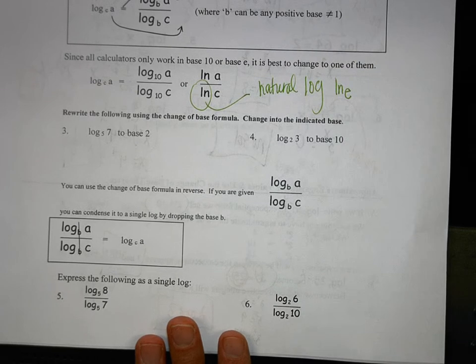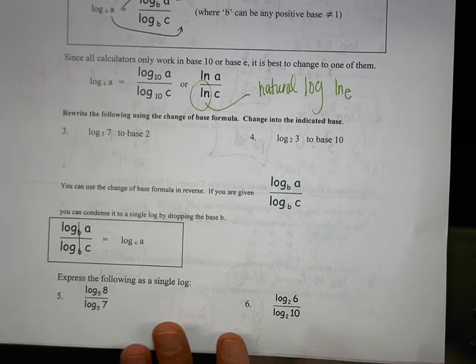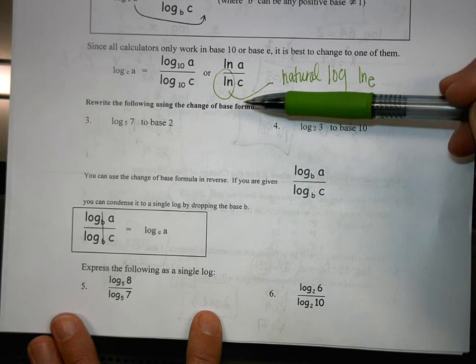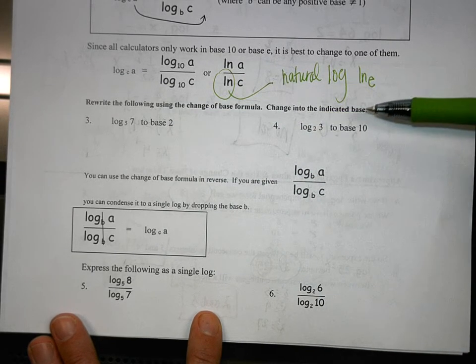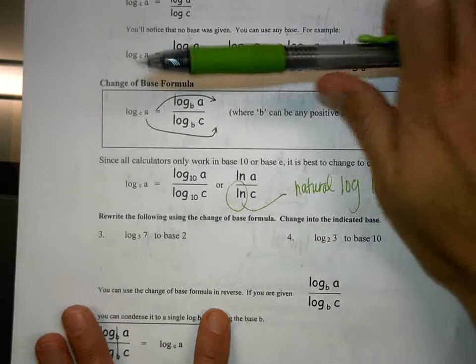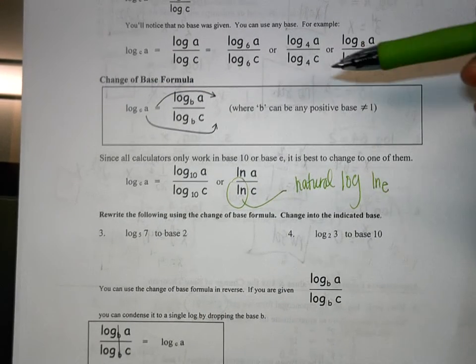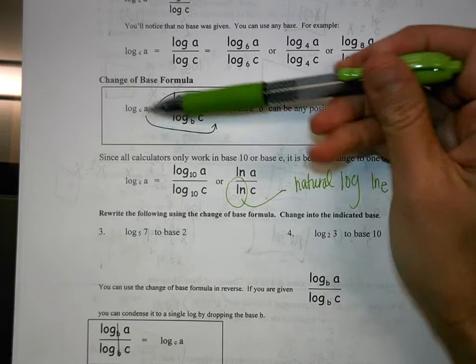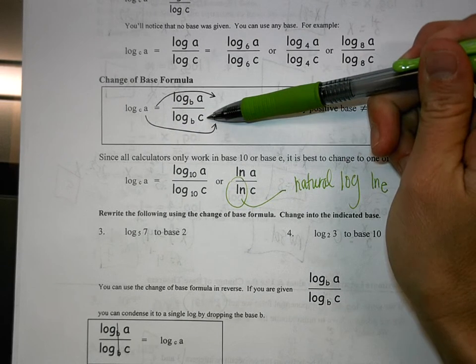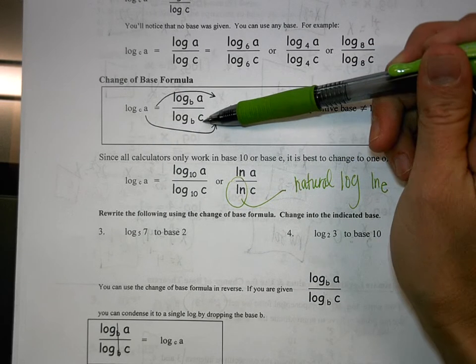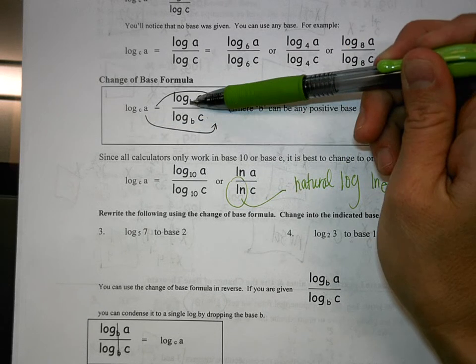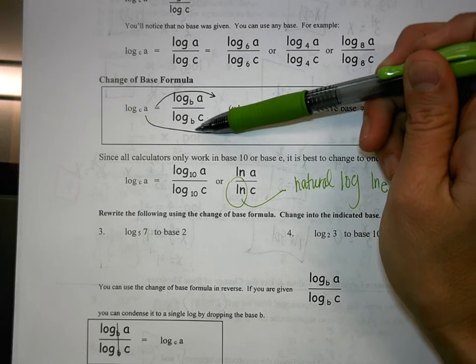Okay, so it says to rewrite the following using the change of base formula, okay? So if you look up here at this change of base formula, if you have a log, see how it says log base C of A? The base goes to the bottom. So the base C goes and makes a regular C, and then this value stays on top, and then you just put whatever base value you want, any base that you choose.